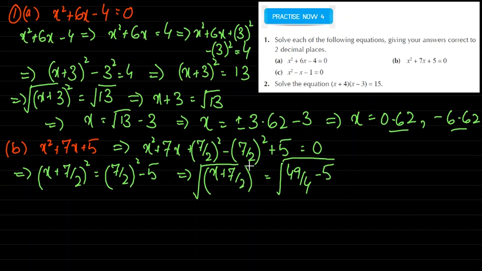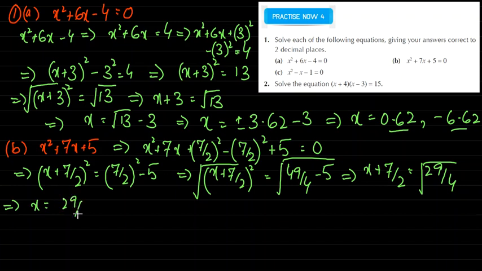So it becomes x plus 7 divided by 2 is equal to, now solving this, 49 minus 20 is 29 by 4, but here the under root remains. It will become x is equal to 29 divided by 4 under root minus 7 divided by 2.